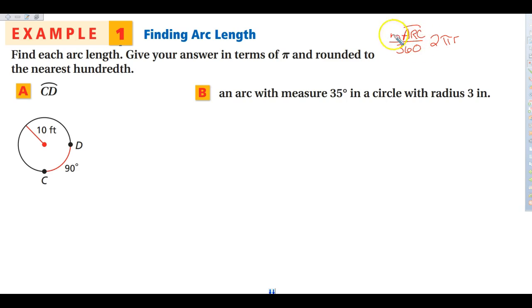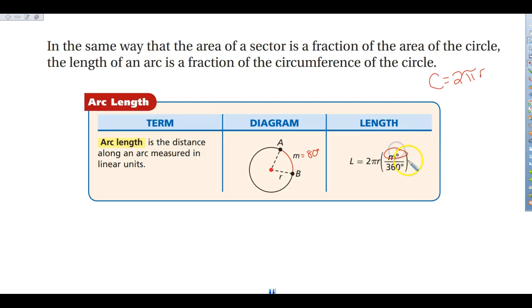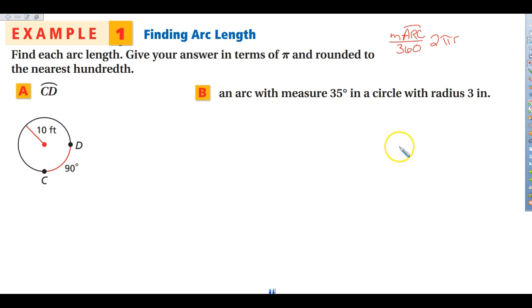I write it this way, like ARC with the arc symbol over the top of it, because in the formula that they give us, they use m degree, but we use m for so many things. It's slope, it's midpoint, it's all this other stuff. So I tend to write the measure of the arc because number one, it tells us what we're finding, and then it's not something else that we're using m for.